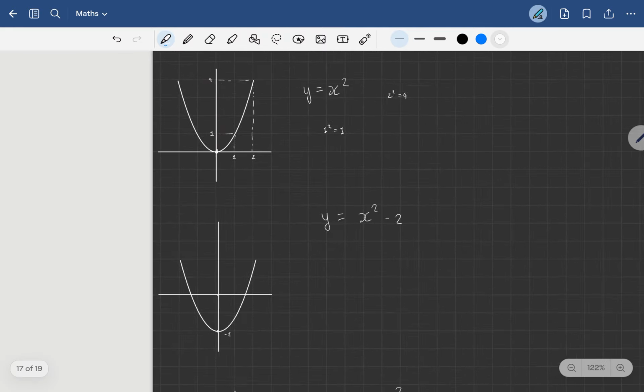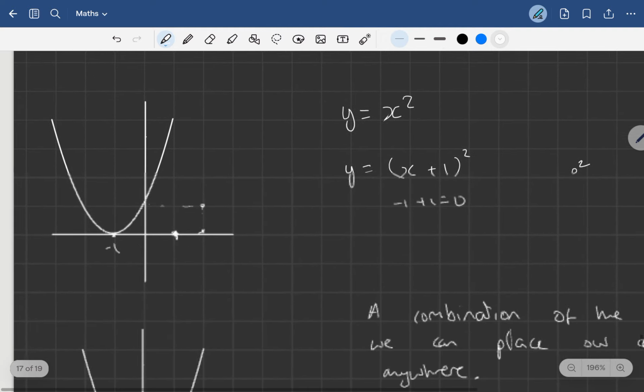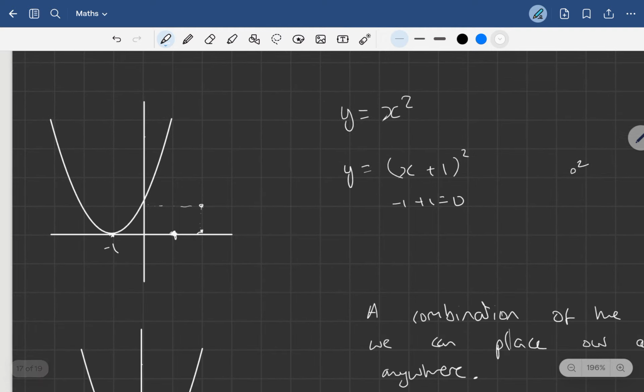See, when x is at 0, that's when y is 0. But with this equation instead, when x is at -1, y is at 0. And the plus 1 here is illustrating the movement back to the original x squared graph. So we can view the x plus 1 part as, say, z. Okay? So it's like z squared, a bit like the x squared.